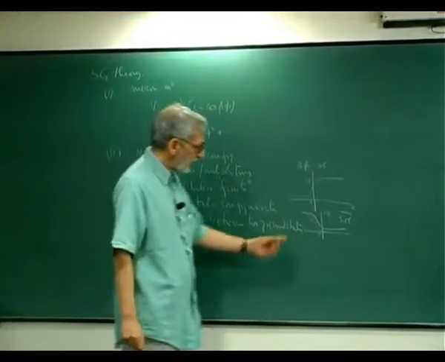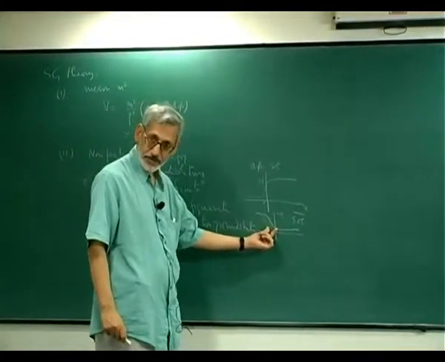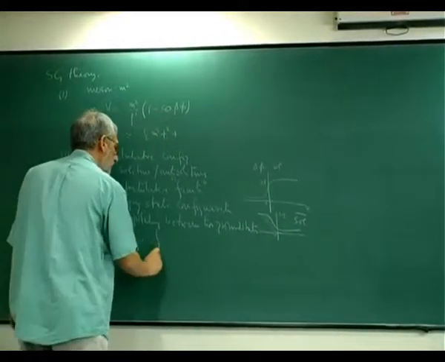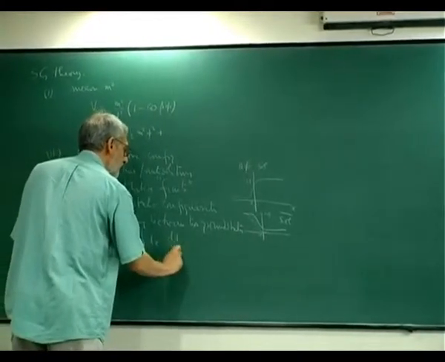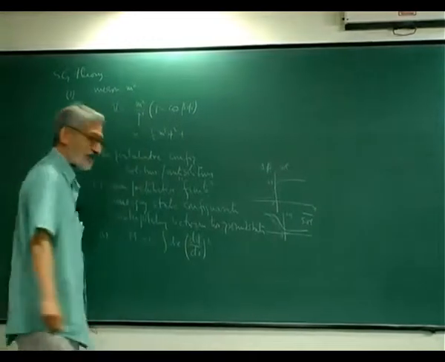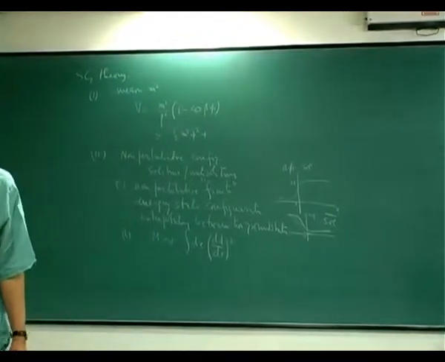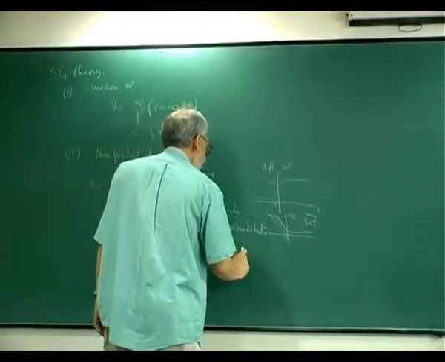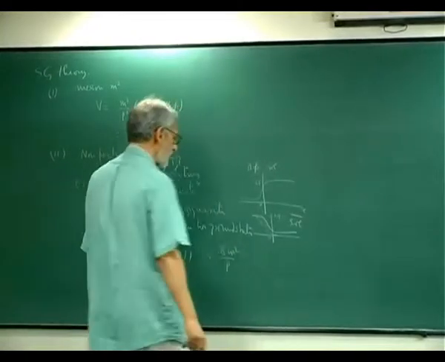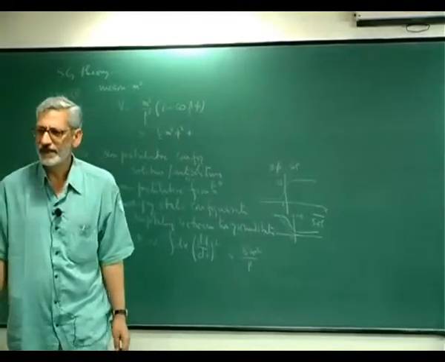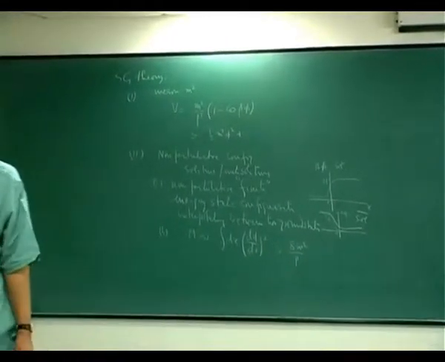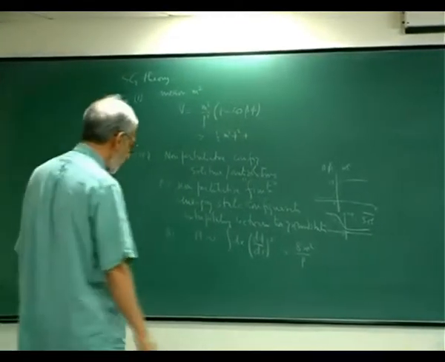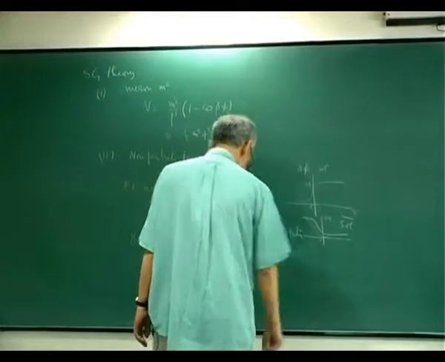The mass or the energy of these configurations was the integral dx of (d phi dx) square, something of this kind. And that turned out to be some value. I don't remember the value. What was that? 8m by beta square. Yes, that's what this is.